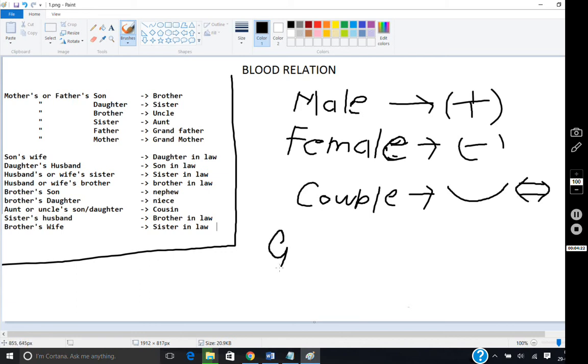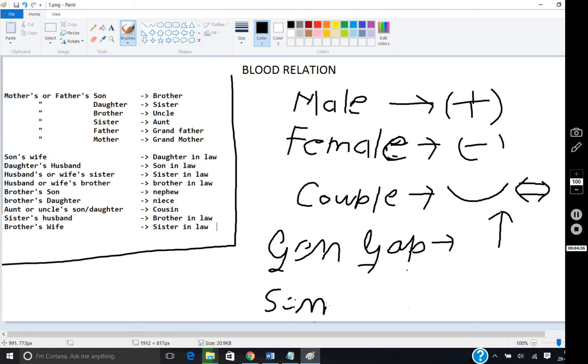Generation gap is shown with a vertical line, and if there is the same generation, then a horizontal line.